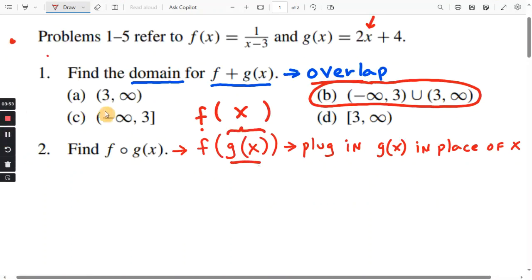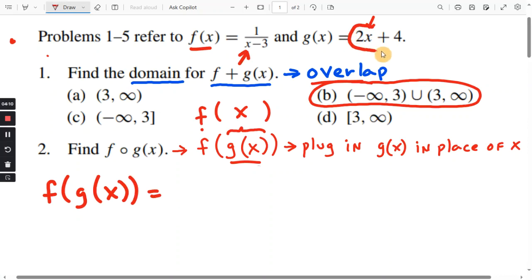All right, let's see. f of g of x. Here's the f of x function, and here's the x right here. We have to take g of x and plug it in place of x.